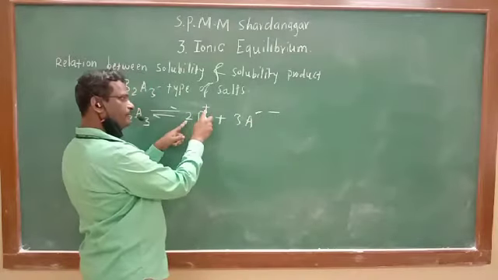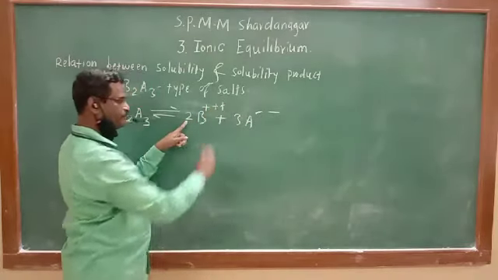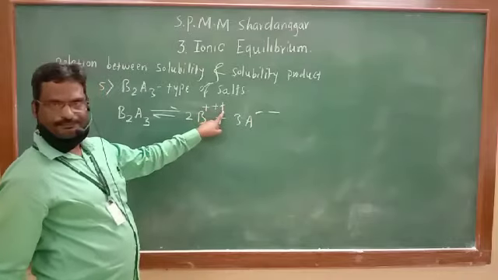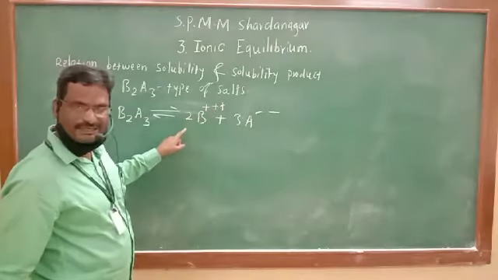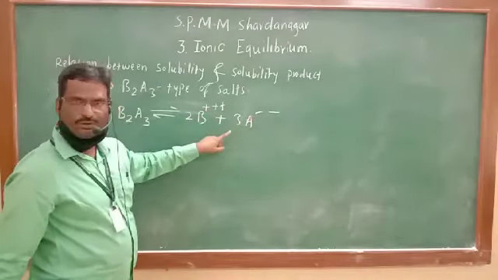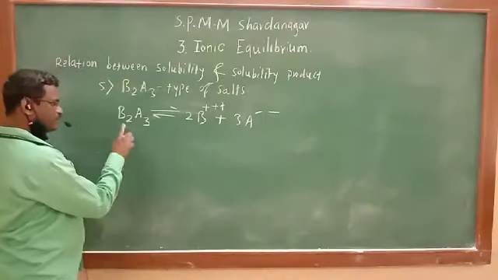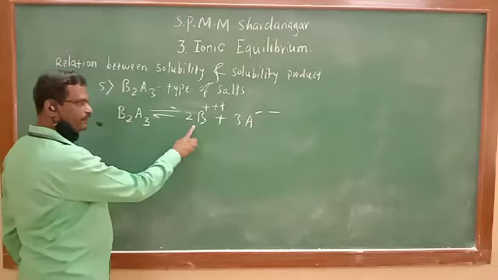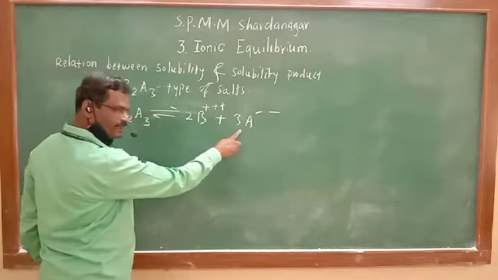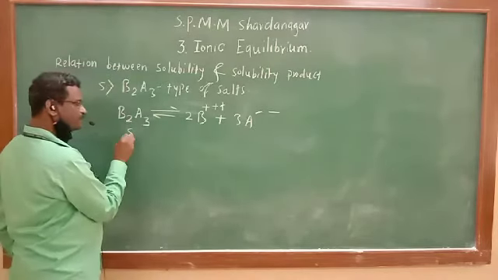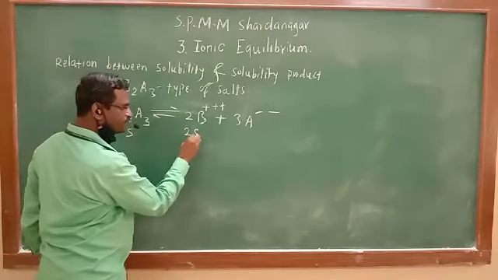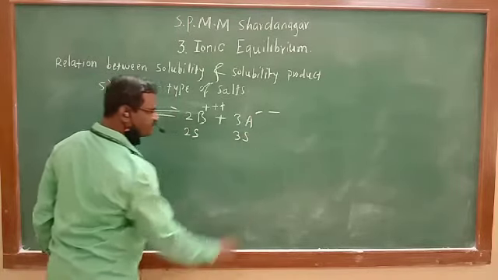So 2 into 1 means plus plus plus. How many positive charges here? 6. And negative charges also 6. So this is the balanced one. If this is 1, this will be 2. This will be 3. This is 2s and this is 3s.